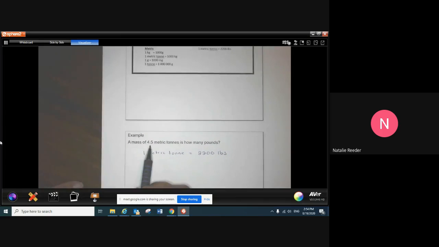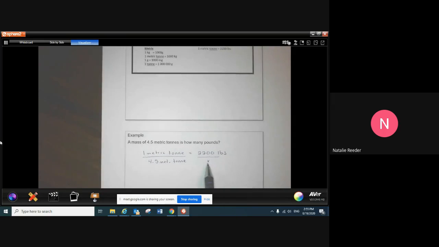Now, it's given to us that we have 4.5 metric tons. So again, we put 4.5 metric tons underneath the metric tons, and we want to know how many pounds that is.